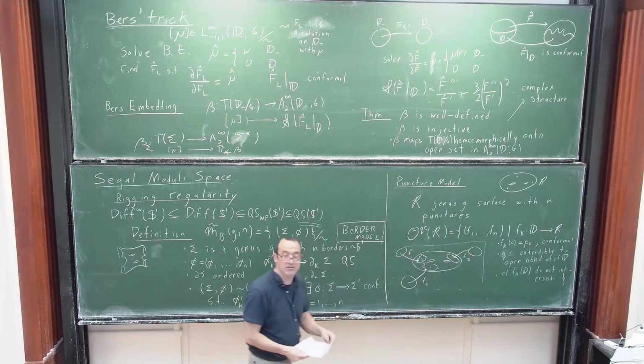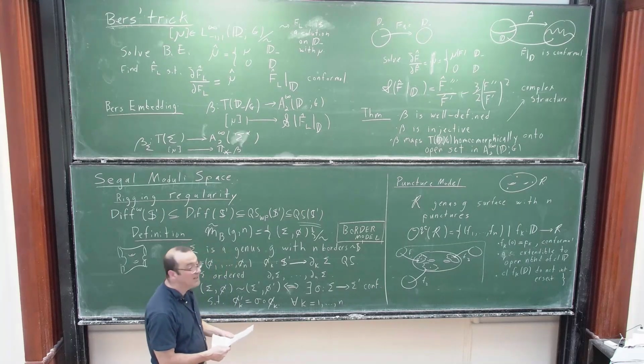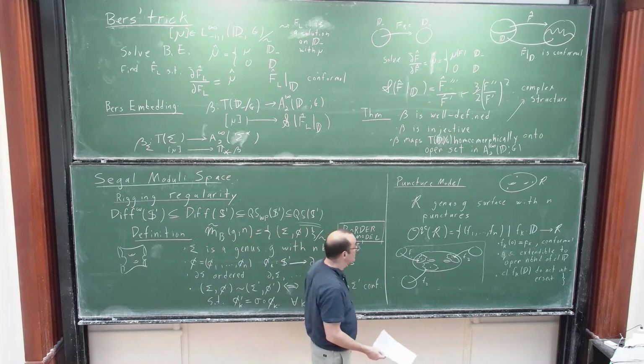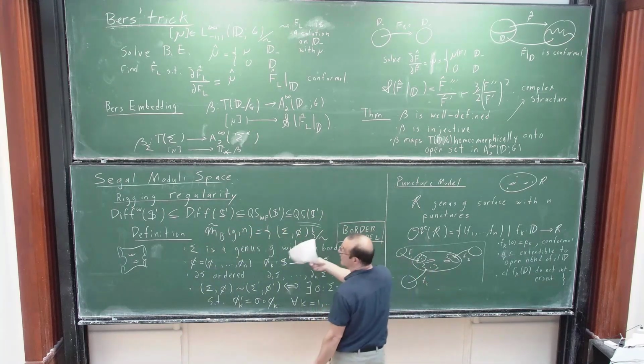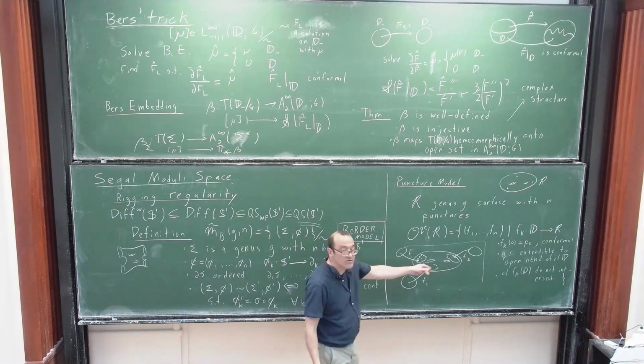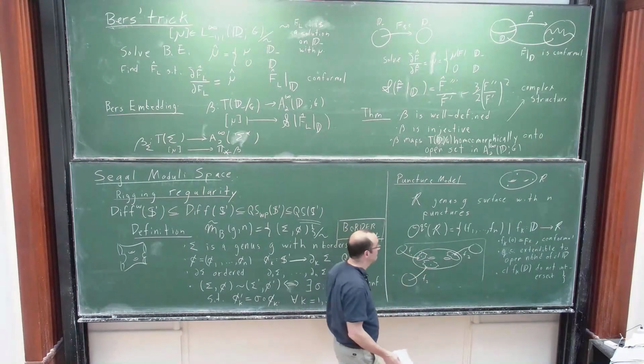Any questions about that picture? Okay, so now how can you go between the two? You want to just sew on disks. If you start with a bordered surface, you can sew on disks with the boundary parametrizations, or conversely, you can rip out the existing images, and then you can go between the two models.